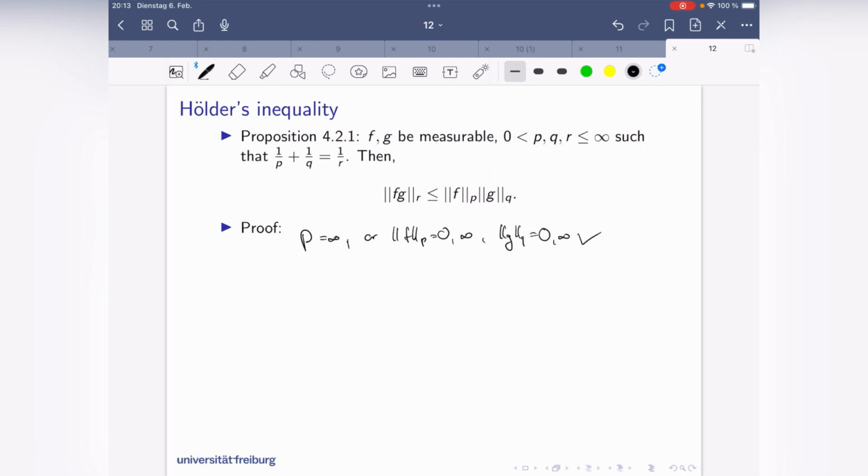So that's okay. Otherwise, we take an f tilde and a g tilde, where f tilde is f divided by the p norm of f, and g tilde is g divided by the q norm of g.